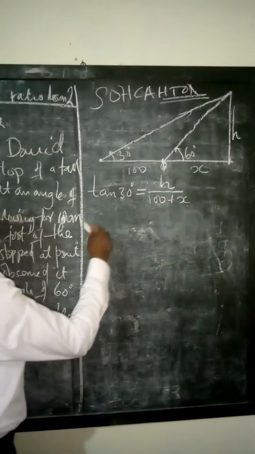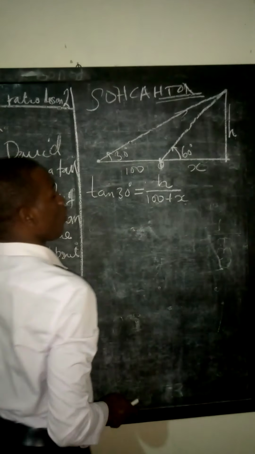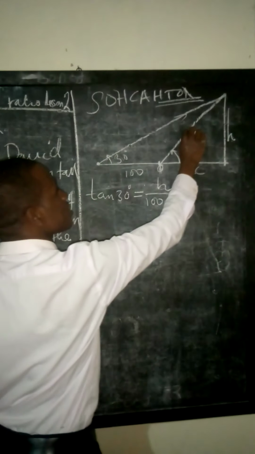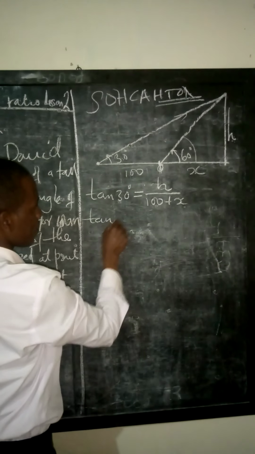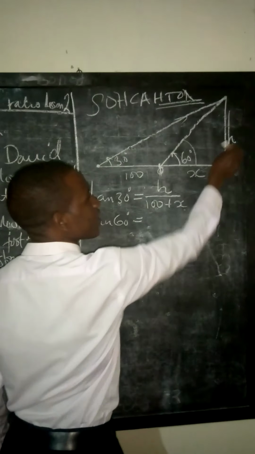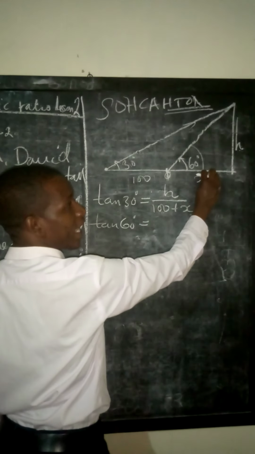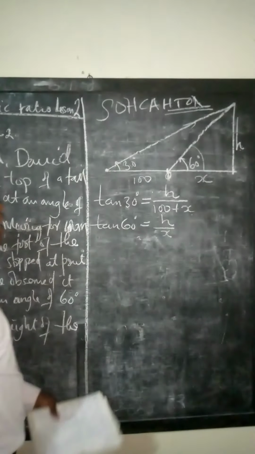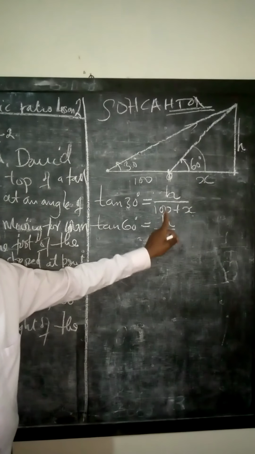Then again, we want to find h here. We can also write h in terms of x by considering this angle, tan 60 degrees, which will be equal to opposite over adjacent, and in this case our adjacent will be x. Therefore, tan 60 degrees is h over x. Our point of interest is finding h.